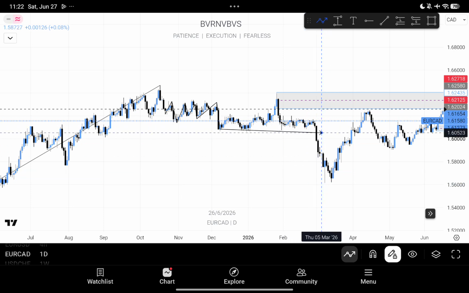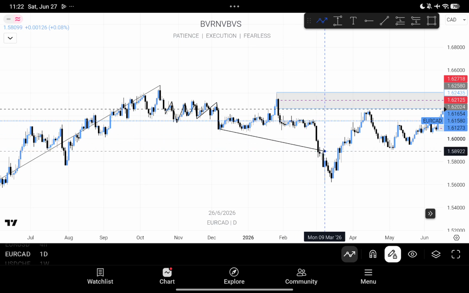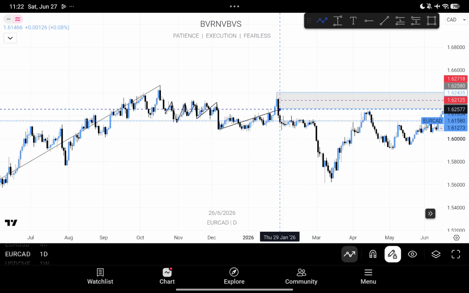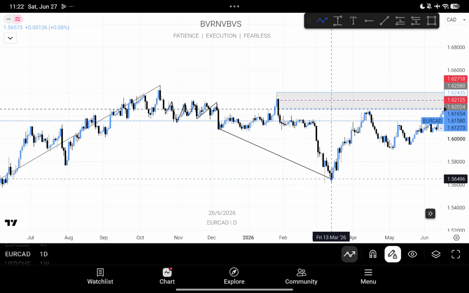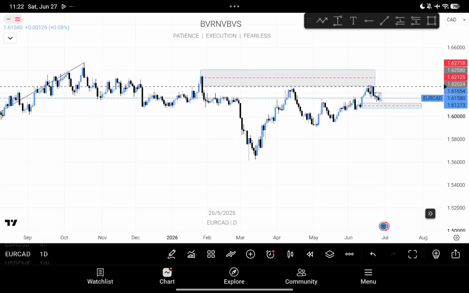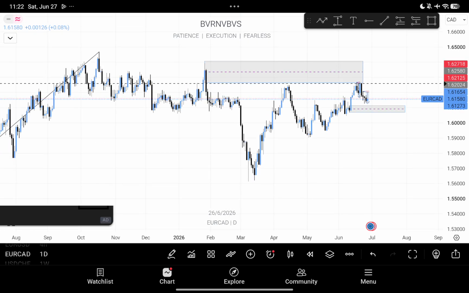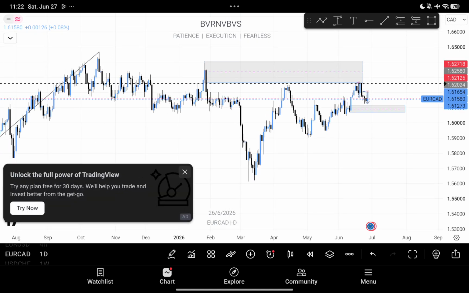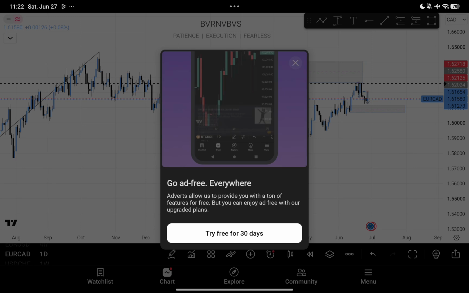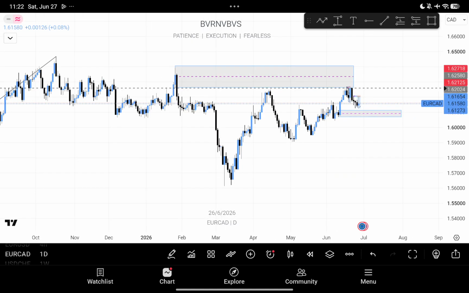On the daily time frame, this other block was never mitigated, and is the other block that instigated the breakdown of this market from this zone to this zone. So I have to wait for the market to give me what we call engineered liquidity.